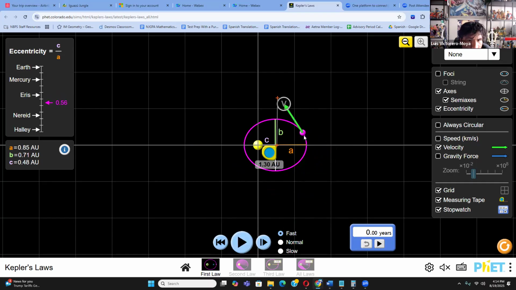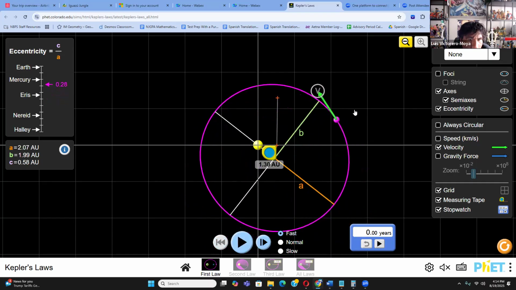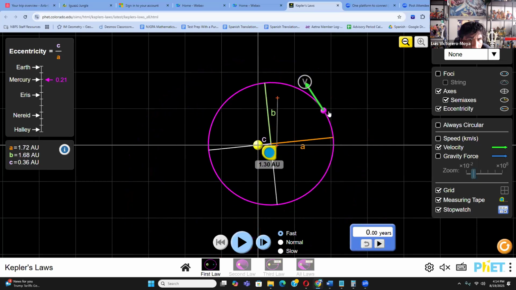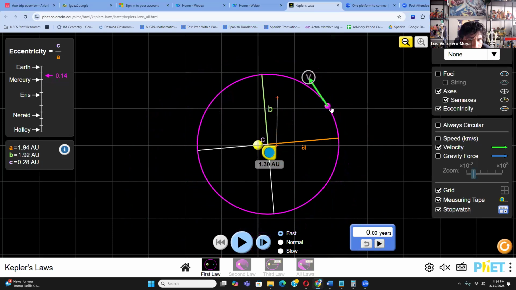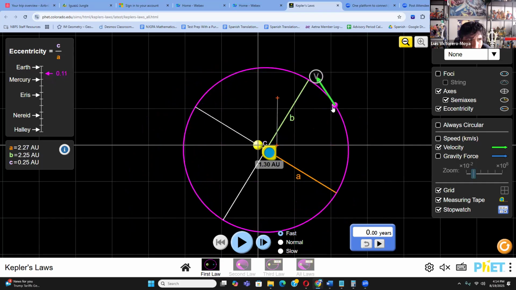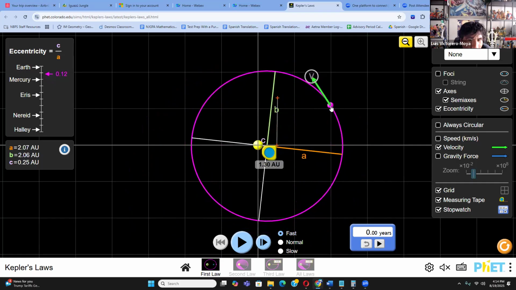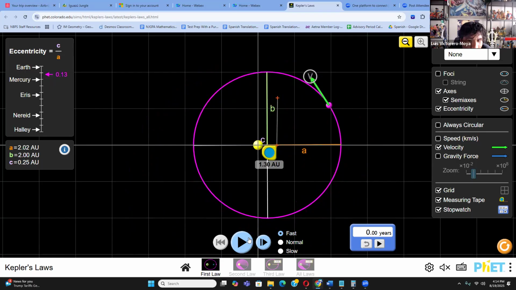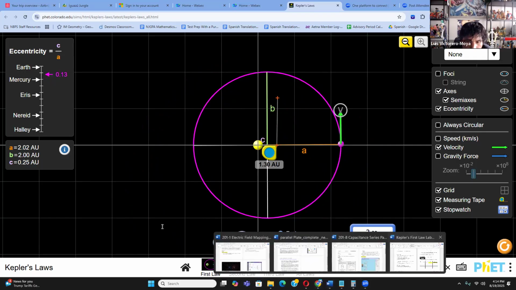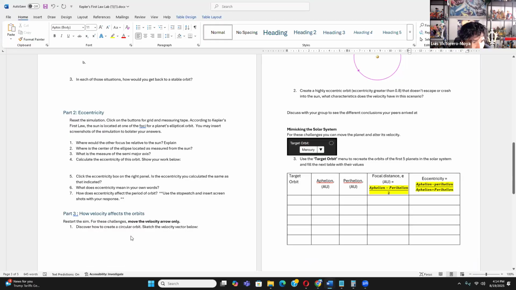You can also make it less. You have to be careful with this when you make it bigger. So that's basically what you have to do. Just comment about what you notice about the orbits when you change the eccentricity.